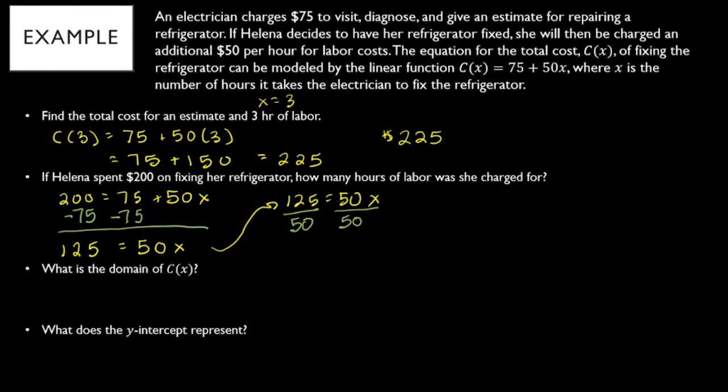And I think that's going to be 5. I just want to double check my mental math. 2.5. Yep. Don't trust my mental math. I don't know why I was thinking 5. Oh, because I was dividing it by 25. I was thinking quarters. So we get 2.5 equals x. So she was charged for 2.5 hours of labor.